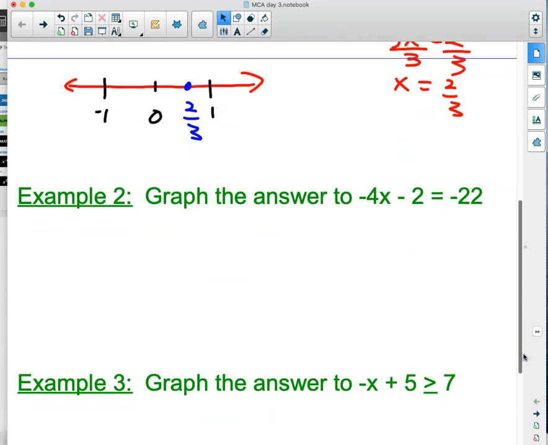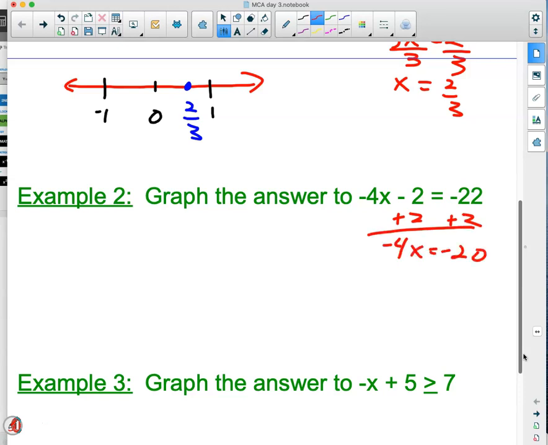Alrighty, so example 2 is graph the answer to negative 4x minus 2 equals negative 22. Help me out. How do we solve it? Add 2 to both sides. Then, so this one again, you just want to slow yourself down a little bit.